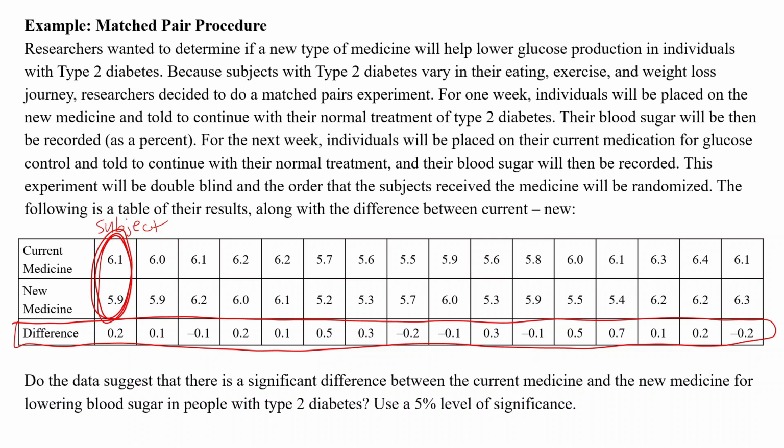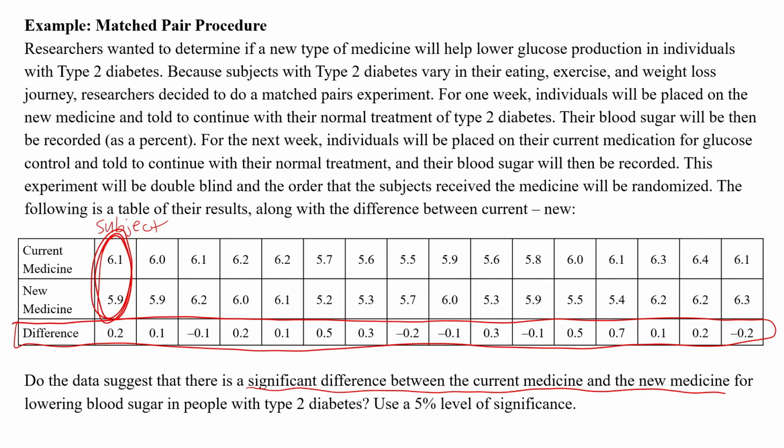It's very important here because some students will read this, is there a significant difference between the current medicine and new medicine, and immediately think, oh, I'm going to run a 2-sample t-test, which we're going to talk about in the next couple sets of notes. But you're not running a 2-sample test because it's a matched pair procedure.